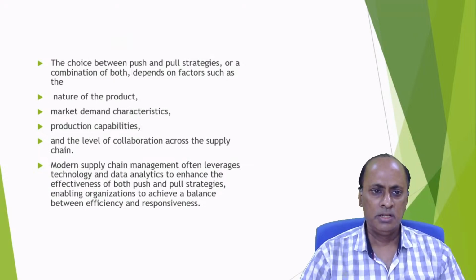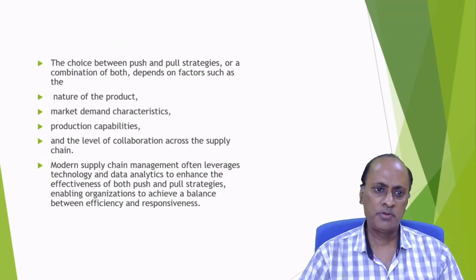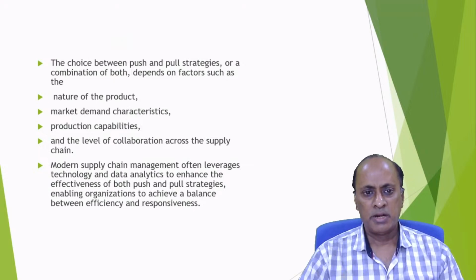So whether a company will go for a pull strategy or a push strategy depends on various factors. The nature of the product: as I told you, whether the product is a standardized product or a customized product. Market demand characteristics: whether demand is predictable and stable, or demand is not predictable and variable.